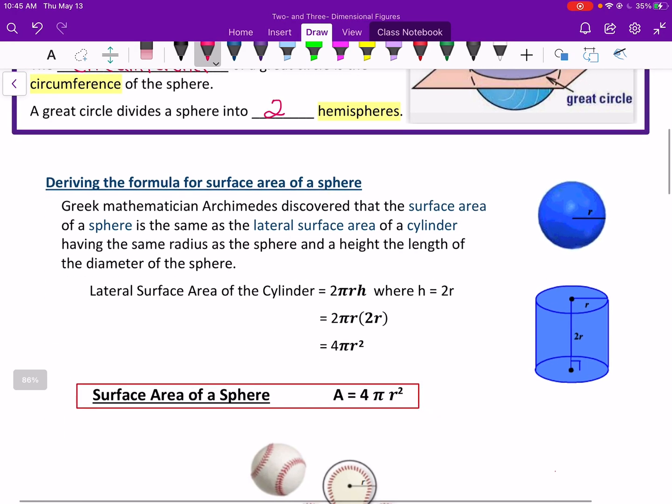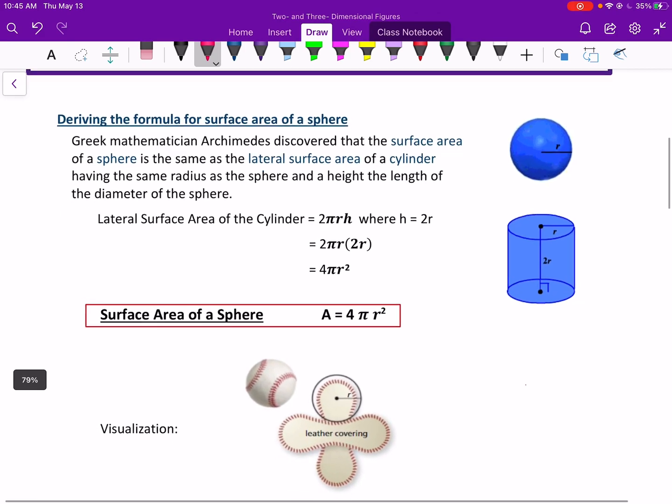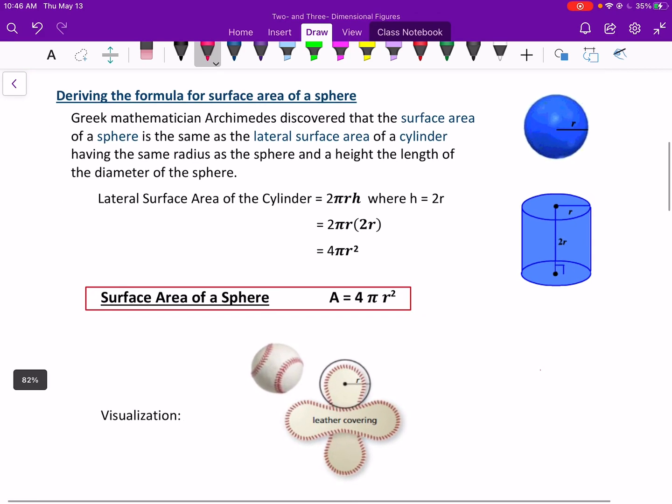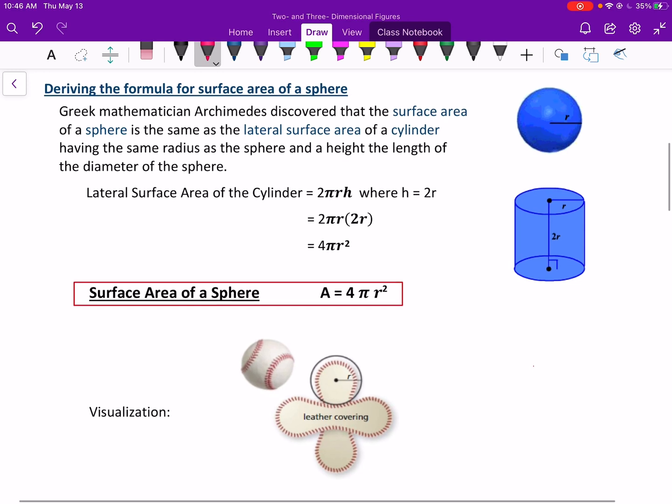So we're going to talk about surface area. I can't really talk about lateral area because everything's lateral area on a sphere. It's just one continuous side. So we're just going to talk about surface area.